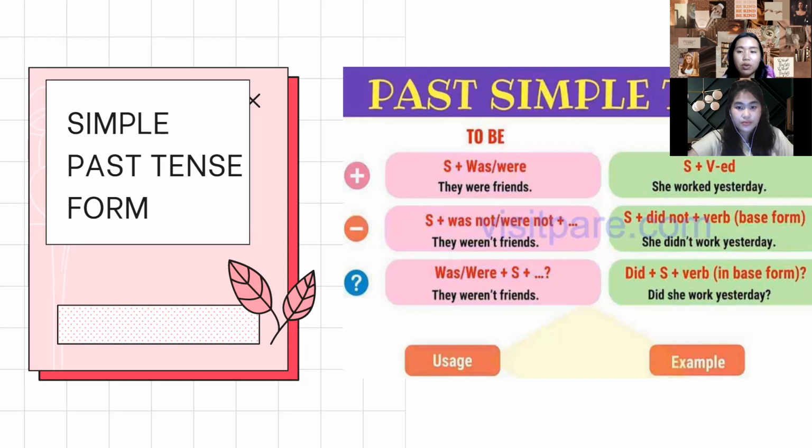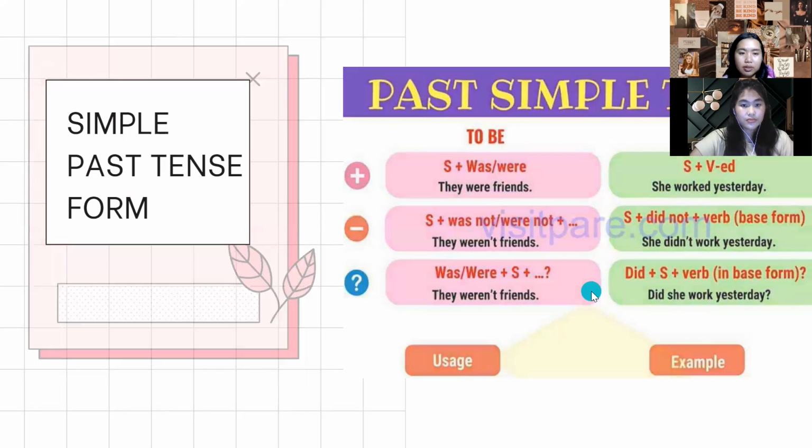And then for the verbs, the positive sentence is subject plus verb-ed. For the negative sentence, it is subject plus did not plus verb. And for the interrogative, it is did plus subject and then plus verb. Next.